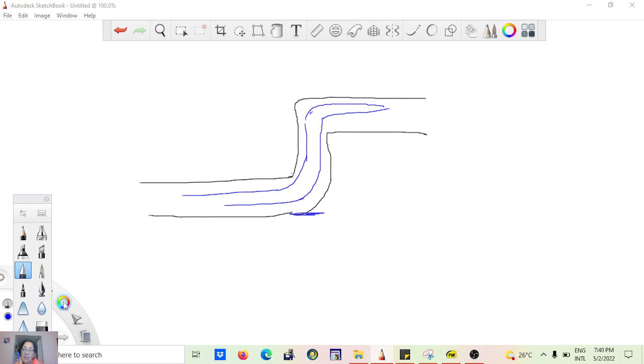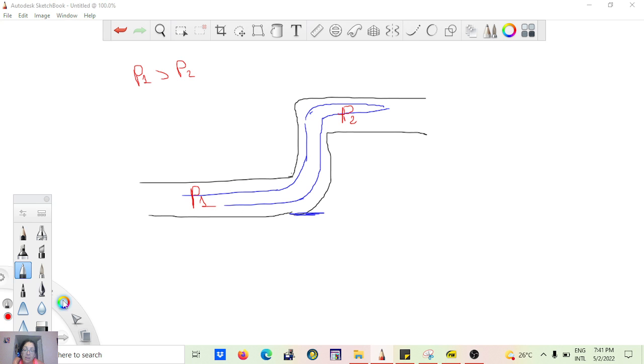Again, if you have P1 here and P2 there, just by asking your gut, it makes sense that P1 is greater than P2 because it's going to gain gravitational potential energy at the expense of the pressure.